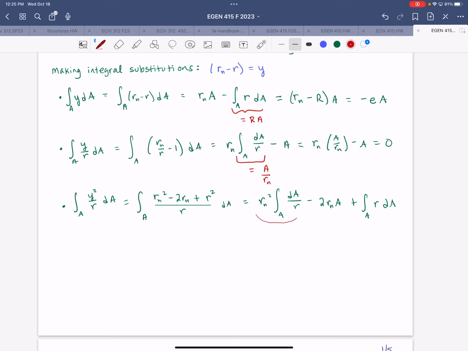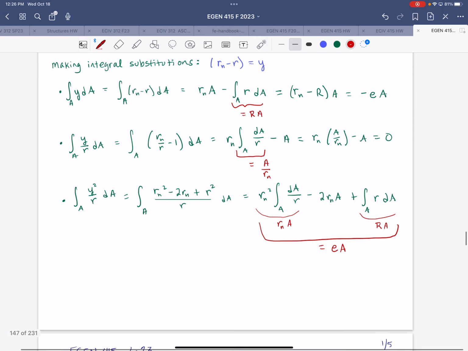And this first term would evaluate to Rn times A, and this last term would evaluate to capital R A. So this whole thing would simplify to lowercase e times A once you work it out.